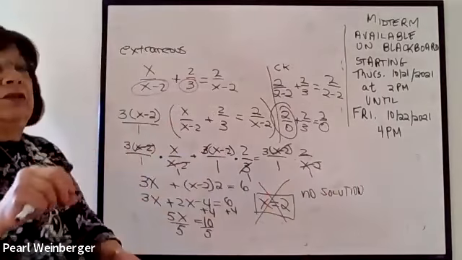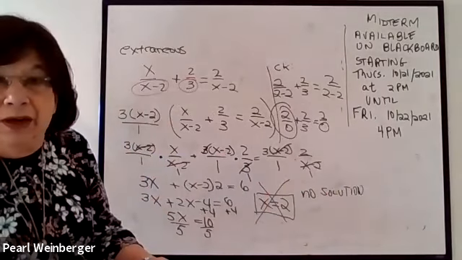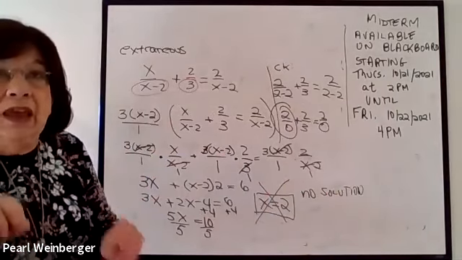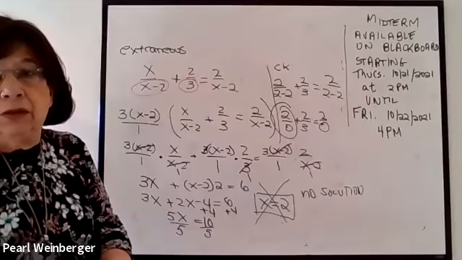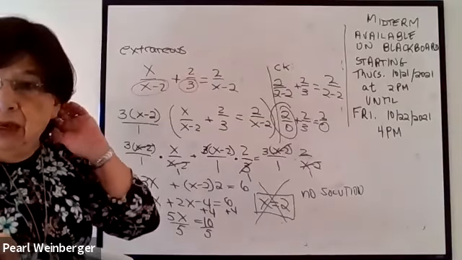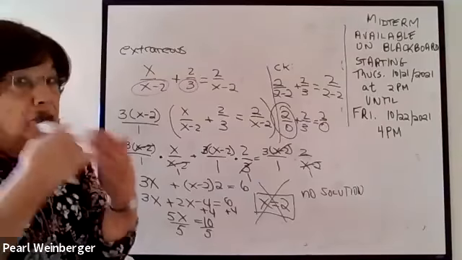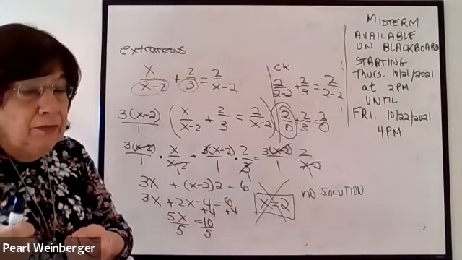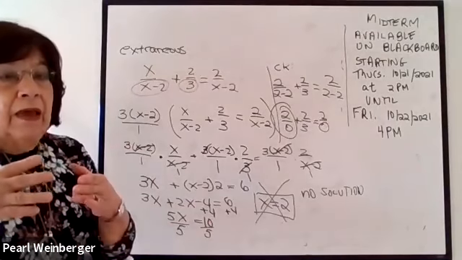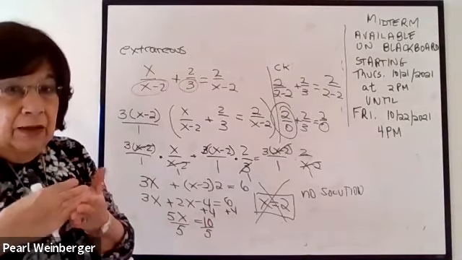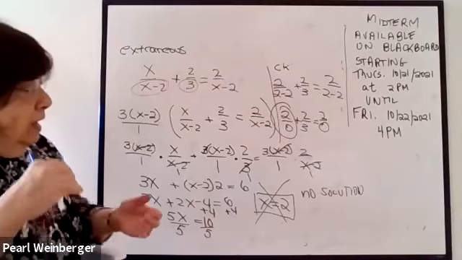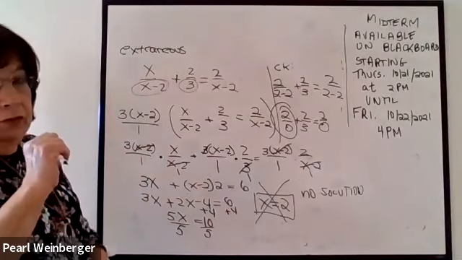Don't write the answer x equals 2 extraneous. No, the answer is there is no answer. Because the only answer that we got, this x equal to 2, and we did all the correct work, it wasn't that we made a mistake. It gave us something that made a denominator equal to 0, and therefore it can't be used.